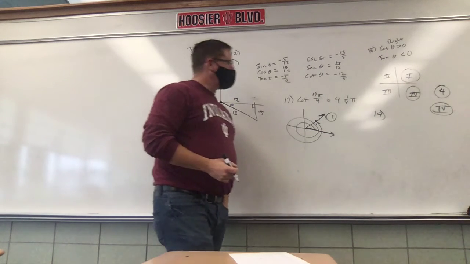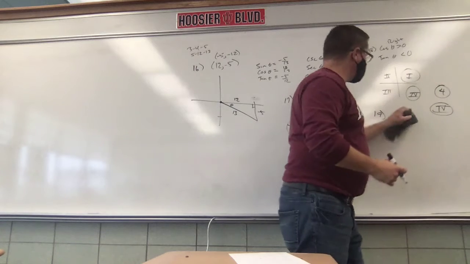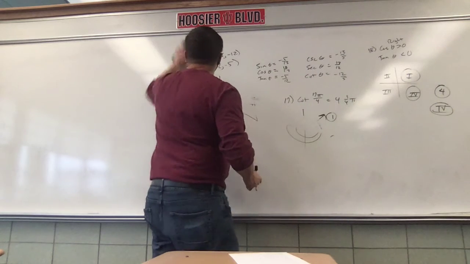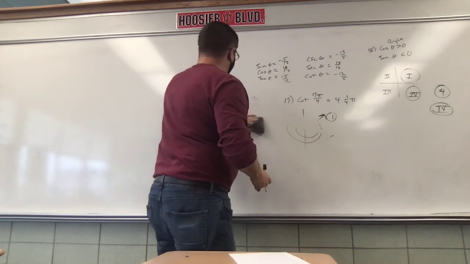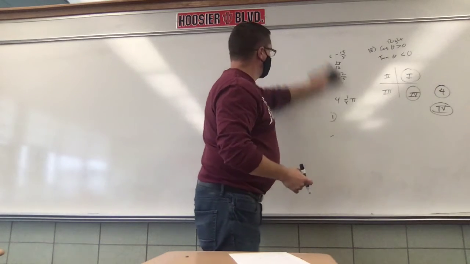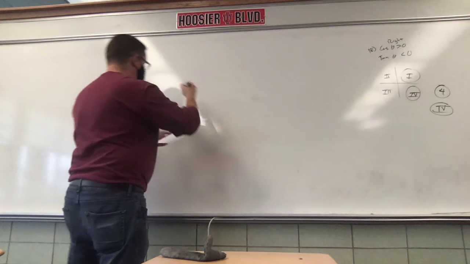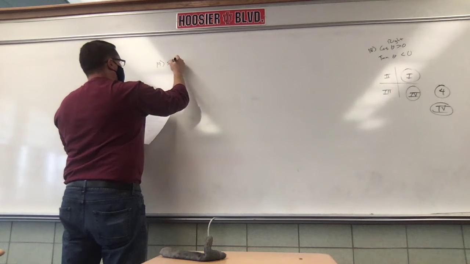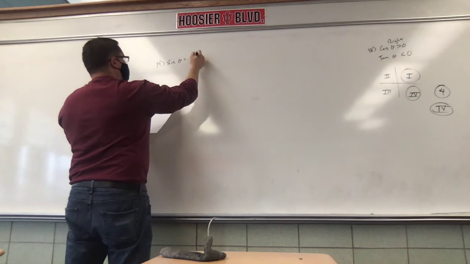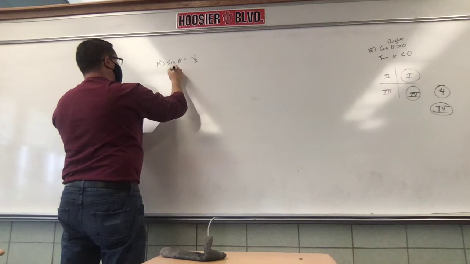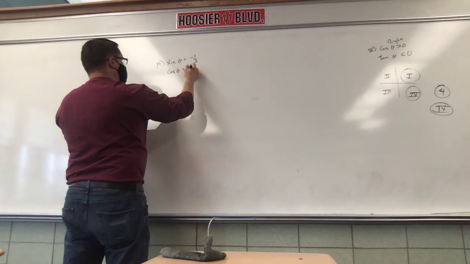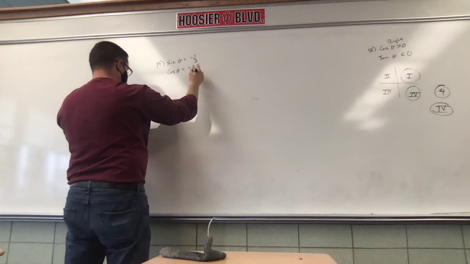Number 19, I'm going to move this over here. Okay, number 19, the sine of theta is negative 1/3. Cosine of theta is negative 2 radical 2 over 3.